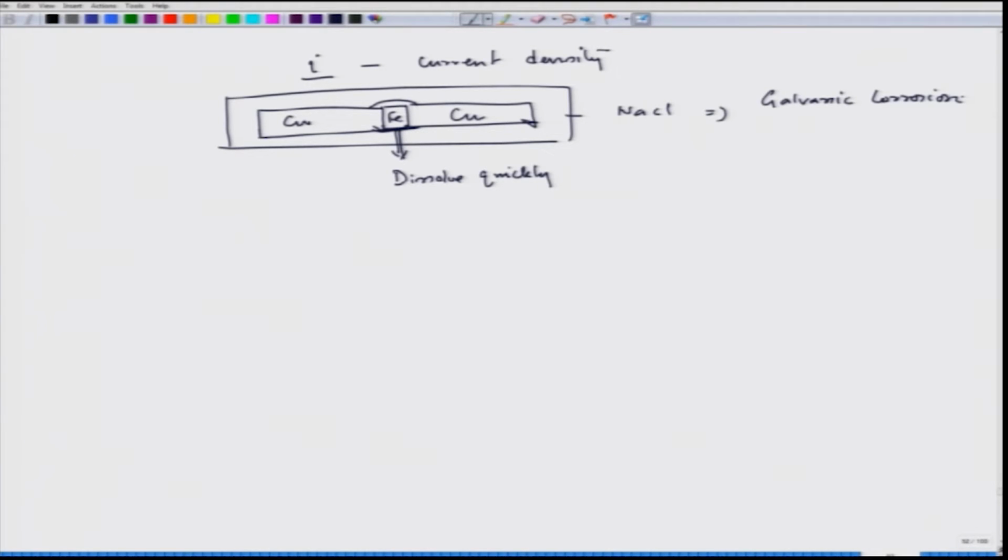And at that time we considered the area effect. We analyzed this particular area effect, saying that if we have a higher cathodic area in connection to a smaller anodic area, then the dissolution of the anodic area would be faster than in a situation where the anodic area is larger than the cathodic area.